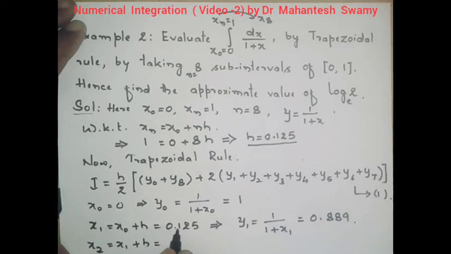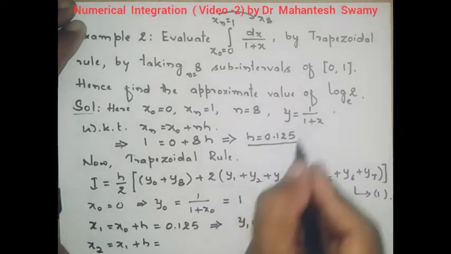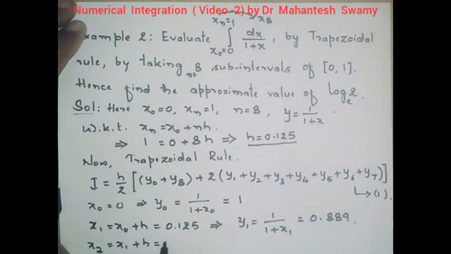So it is 0.125 plus h value, again 0.125. It is going to be 0.25 and the value of y at that point is y2, which is 1 divided by 1 plus x2, and after simplification gives the value 0.8 by substituting x2 equal to 0.25.